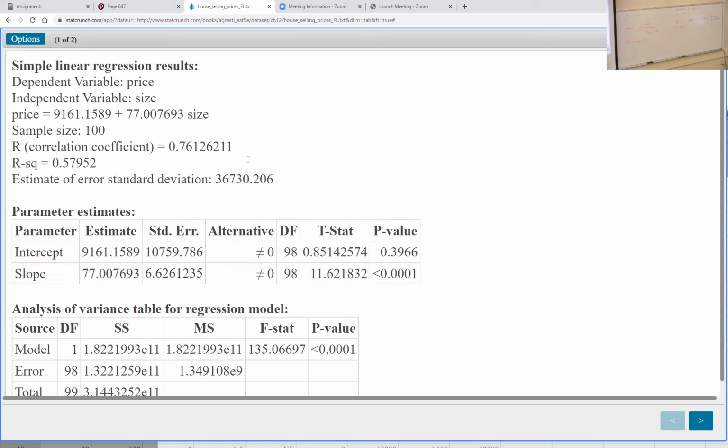Oh, you can't see? So the price is equal to 9,161.16 plus 77 times the size of the house.